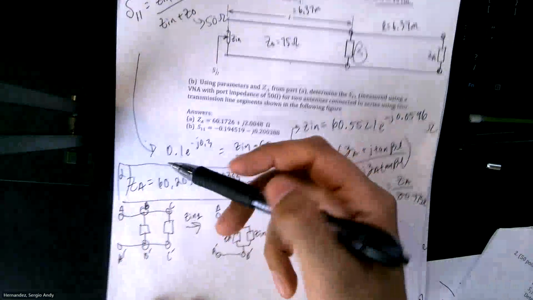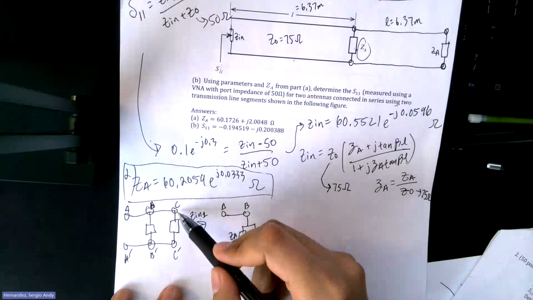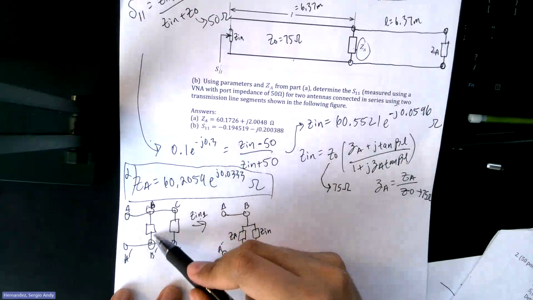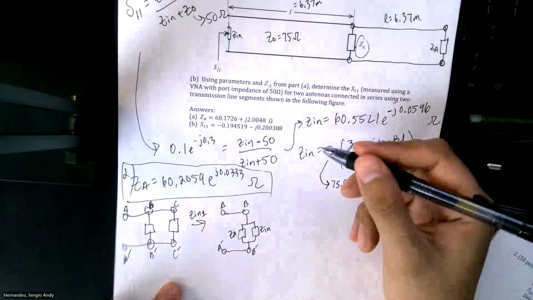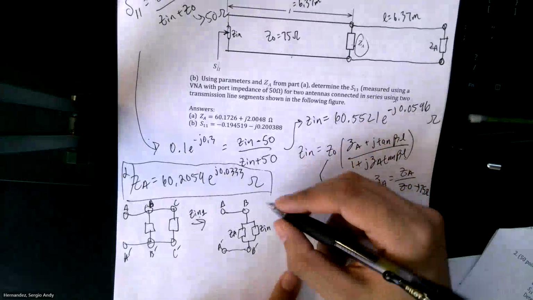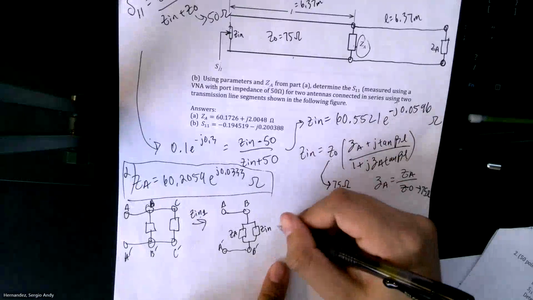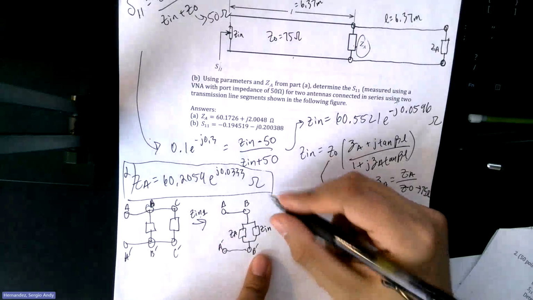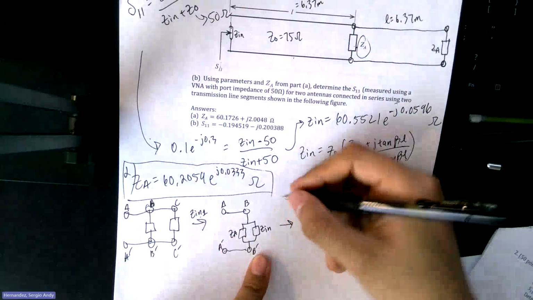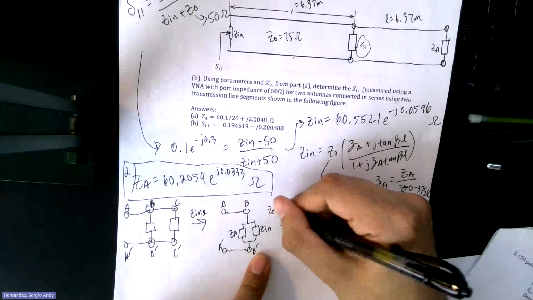Because you can't go straight from C to A because this load is preventing you from doing so. So with this, you have two impedances in parallel. You just want to add them together to get an equivalent version.